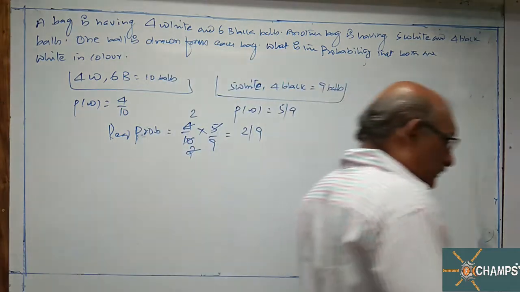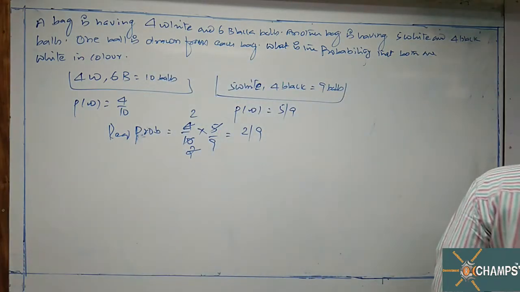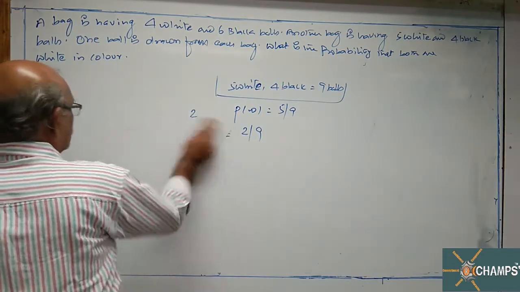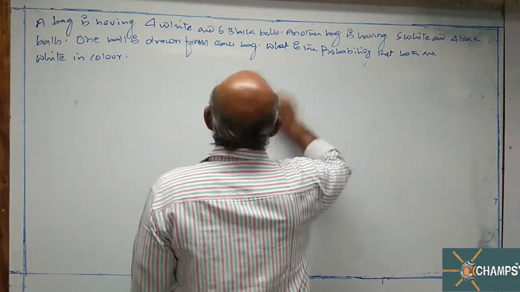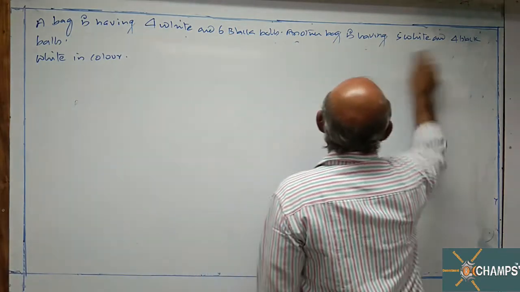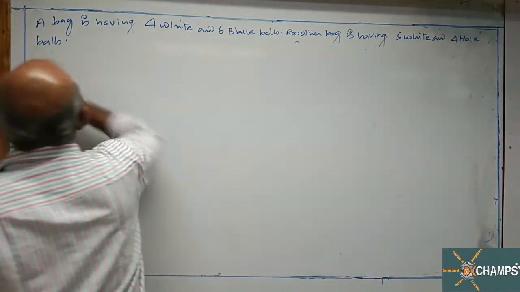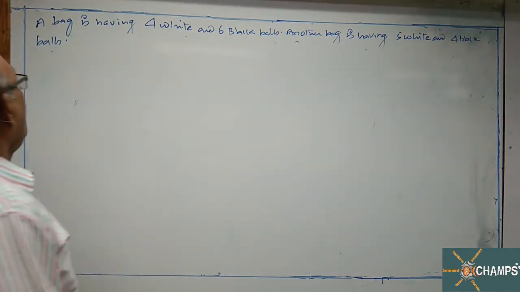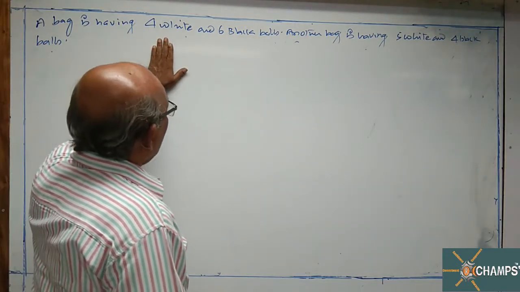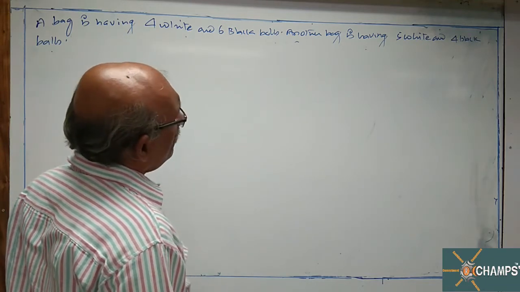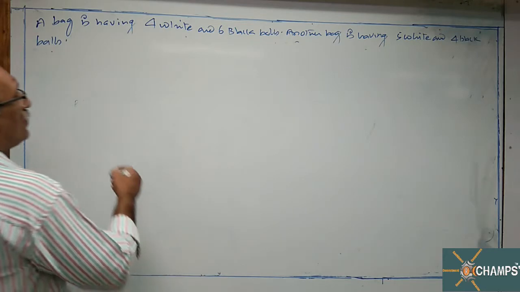Next question, sir. Look at this part is saying a bag is having 4 white and 6 black balls, and another bag is having 5 white and 4 black balls.